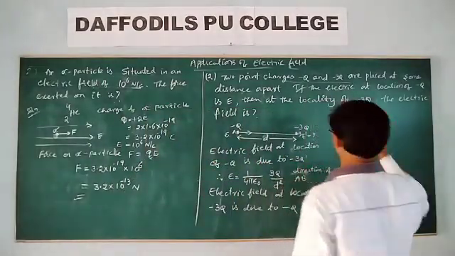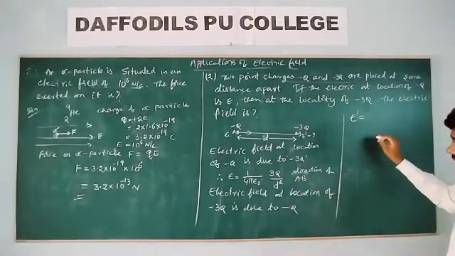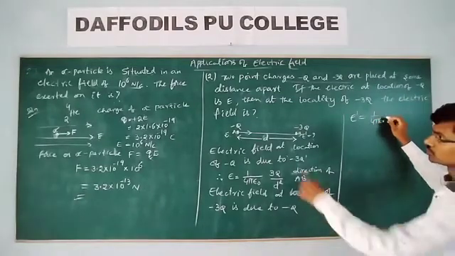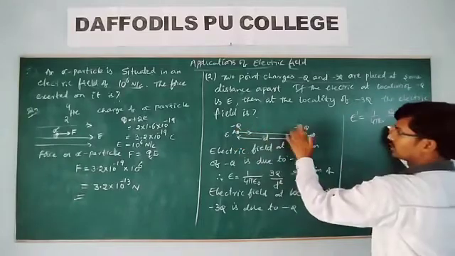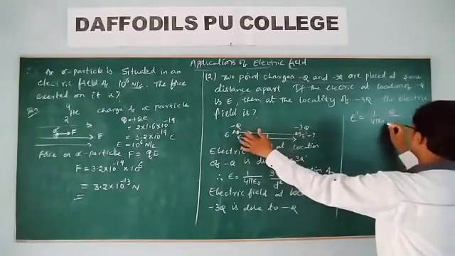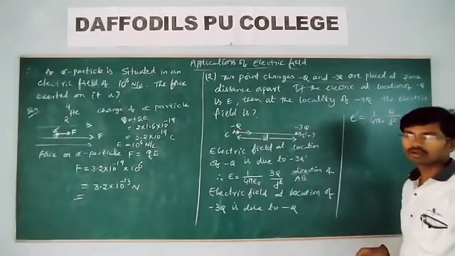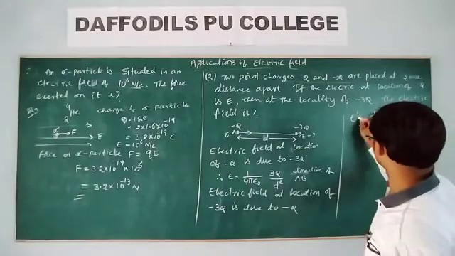E dash is equal to 1 by 4 pi epsilon naught, due to this charge at this point, Q by d square, where d is the separation. Now, this is the magnitude.